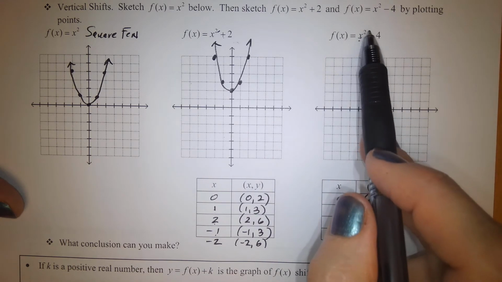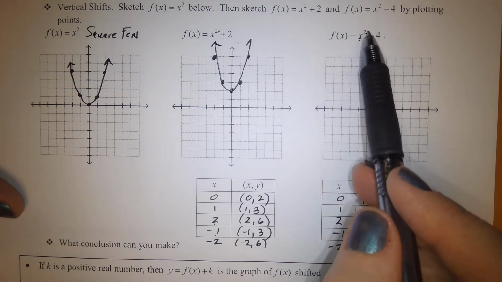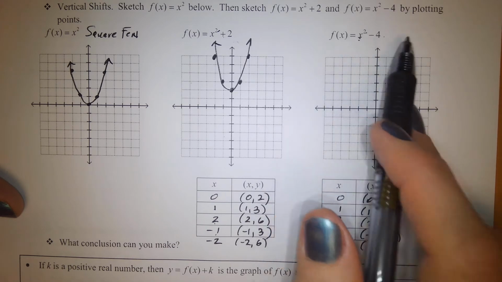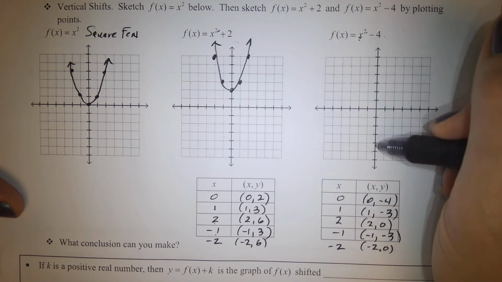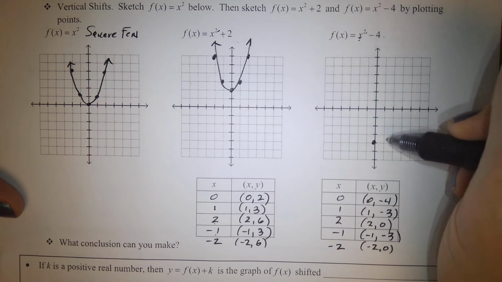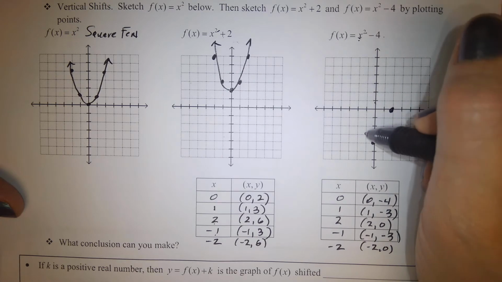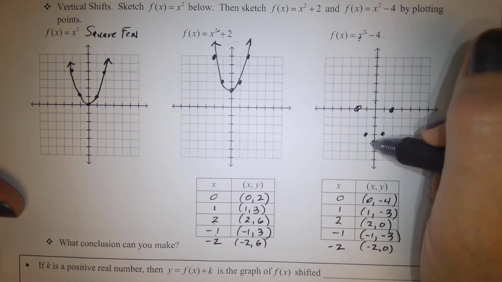If I plug in 2 for x, I get 0. -1 squared is 1, minus 4 is -3. And if I plug in a -2, I get 0. So plotting these points, I get 0, -4, 1, -3, 2, 0, -1, -3, and -2, 0.